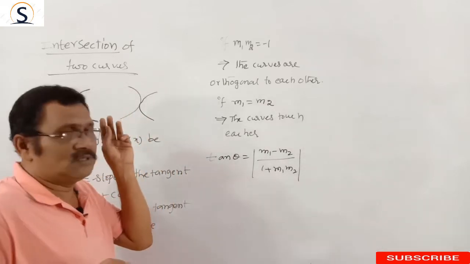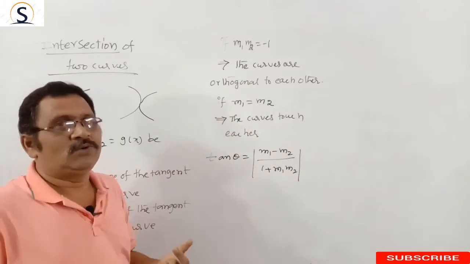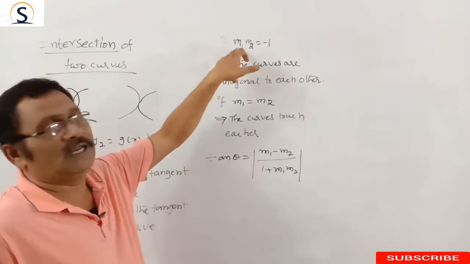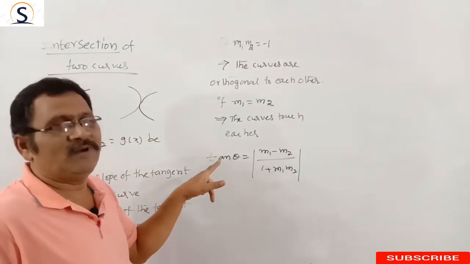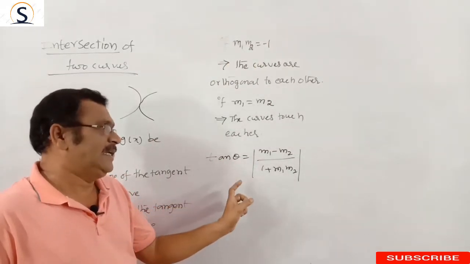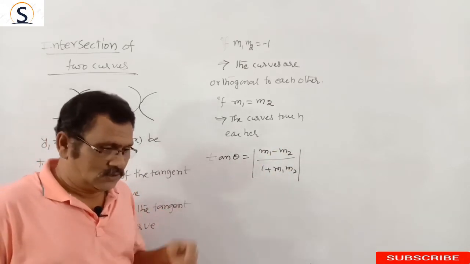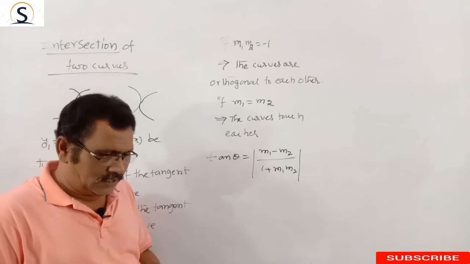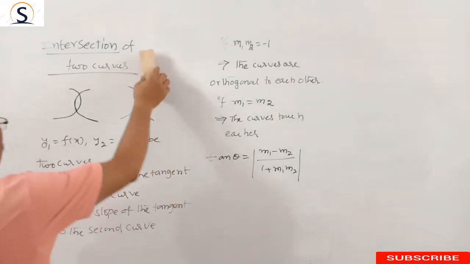When two curves touch each other, the condition is m1 is equal to m2. When the two curves are orthogonal, then m1 m2 is equal to minus 1. To find the angle between two curves, we apply tan theta is equal to m1 minus m2 by 1 plus m1 m2. So these are the main points in this chapter. Okay, now we will discuss the problems.